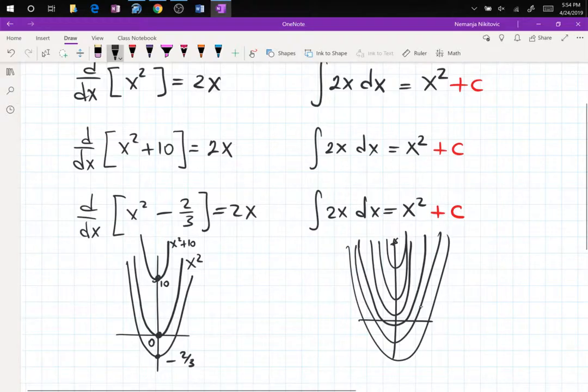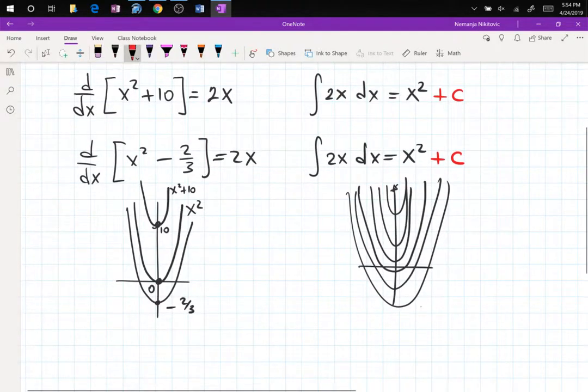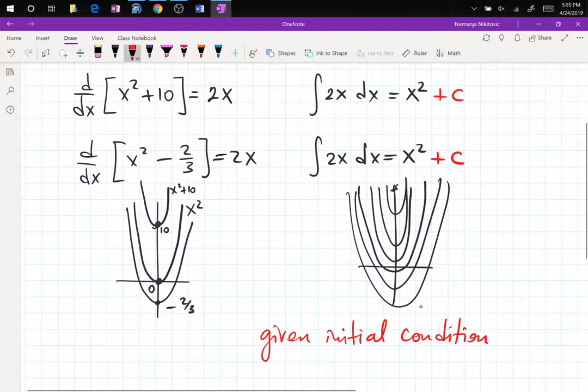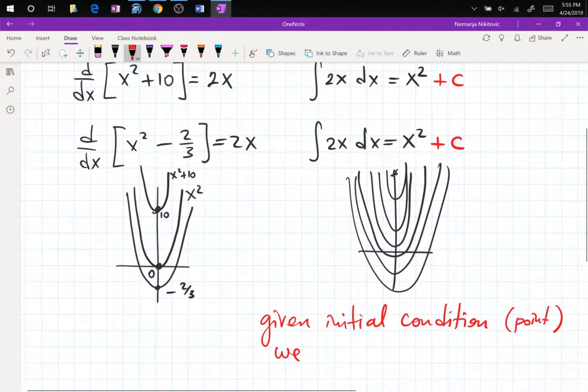If you give me any point, what we call an initial condition, if you give me any point in the xy plane, I will be able to retrieve C. So here in red, given an initial condition, which is just a point, we can calculate C.